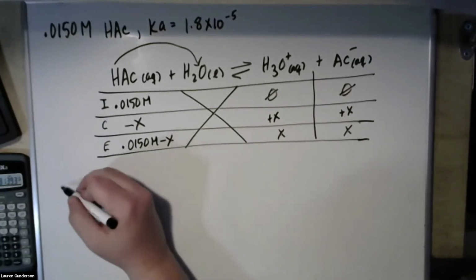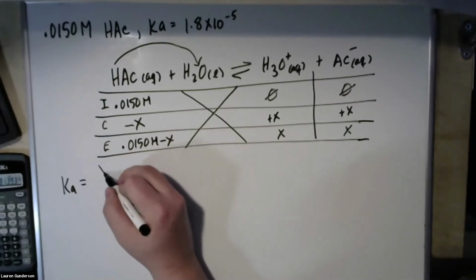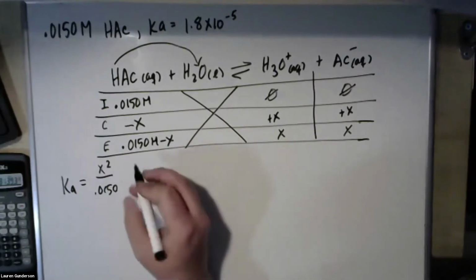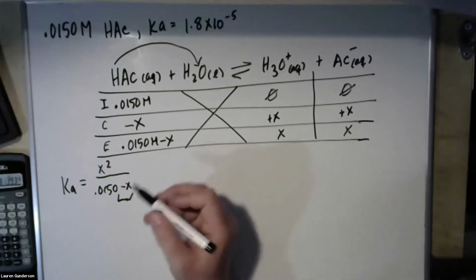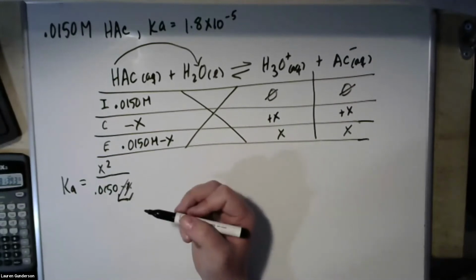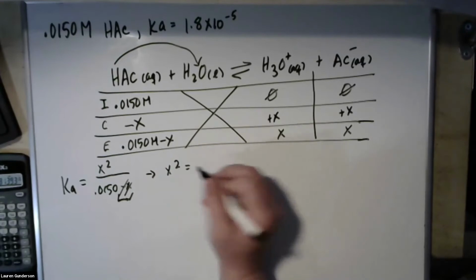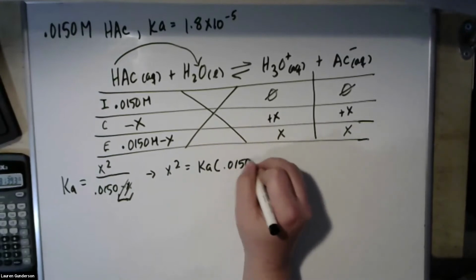Now we're going to go through our Ka procedure. So our Ka is going to be X squared over 0.0150 minus X. We're going to assume that this X value is small. We'll check it out when we're done solving for it, but we'll assume it's small to begin with. And that means that our X squared is going to be equal to Ka times 0.0150.